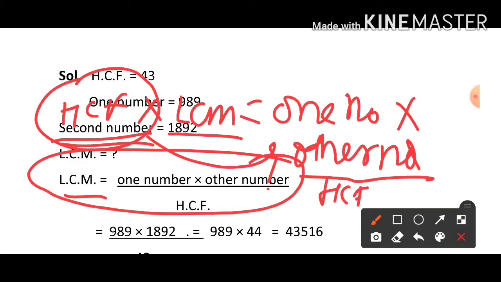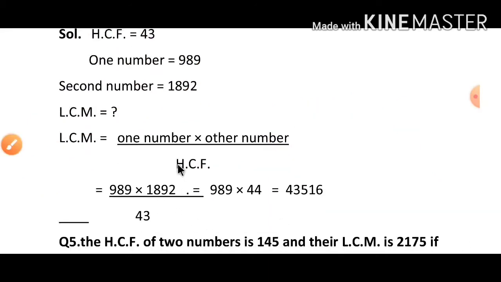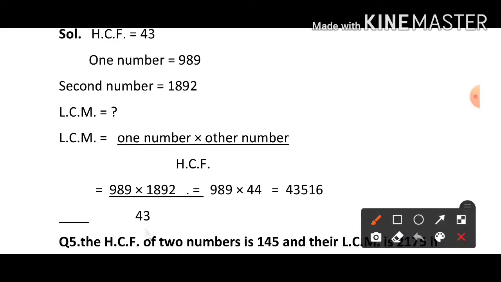Now put the values. One number is 989, the other number is 1892 and HCF is 43. Now you can divide any number by 43, 989 or 1892.